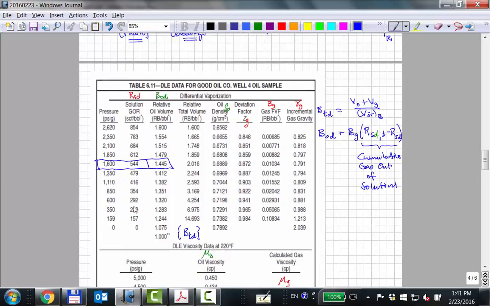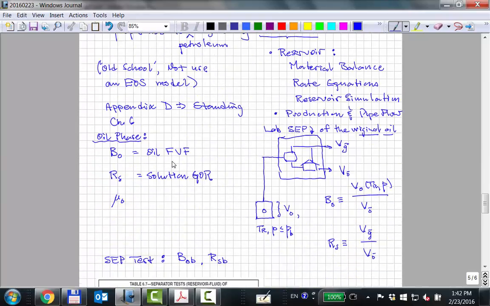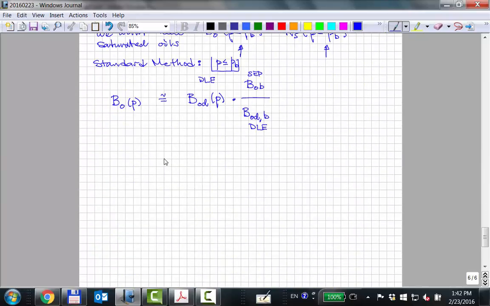At 1600 psi, the differential BO is 1.445.